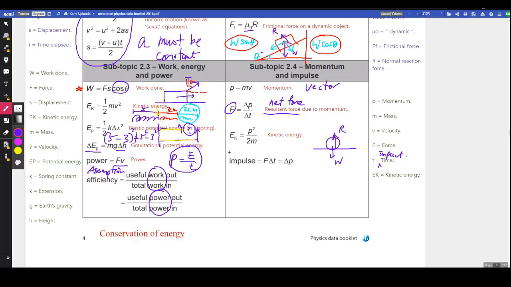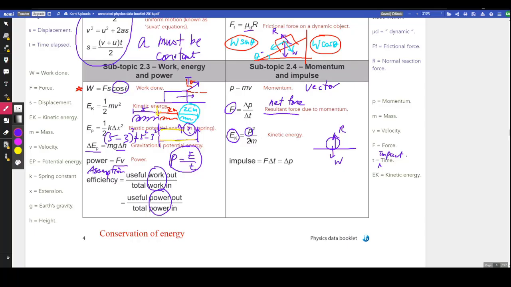For the next equation, that is kinetic energy equals momentum squared over 2m. For this equation, you may not use it often, but in a case where you see a question mention these two, kinetic energy and momentum, sometimes it may be useful. So you can think about it, I would say.